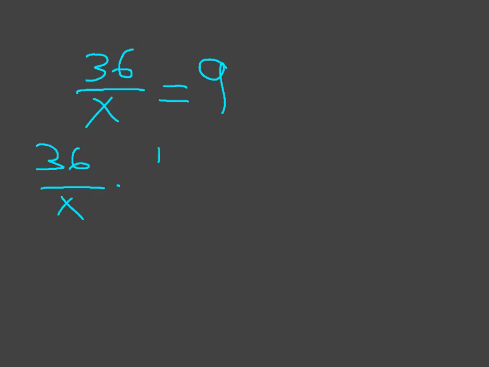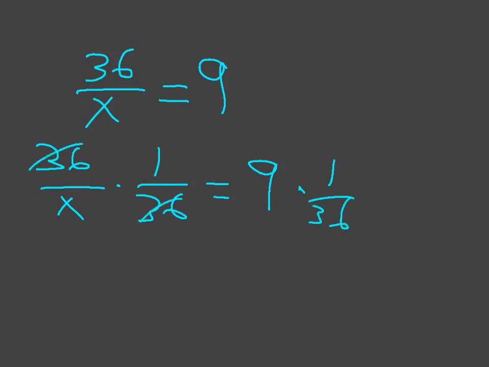So let's start again. 36 divided by x is equal to 9. So it's okay to divide both sides by 36, but what we notice is that the x is in the denominator on the left-hand side. So if we divide both sides by 36, 1 on x equals 9 times 1 on 36.